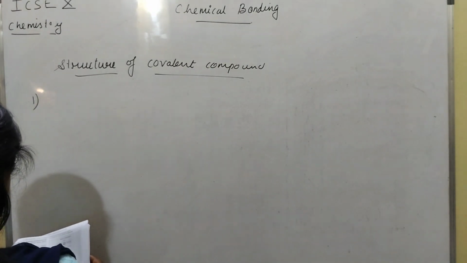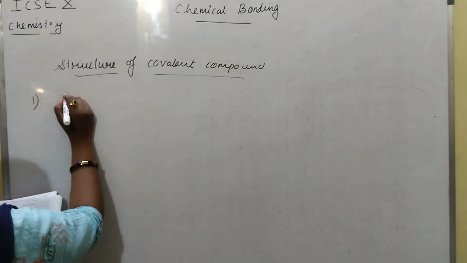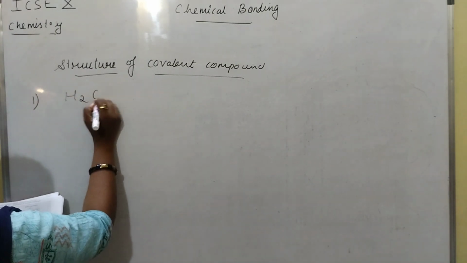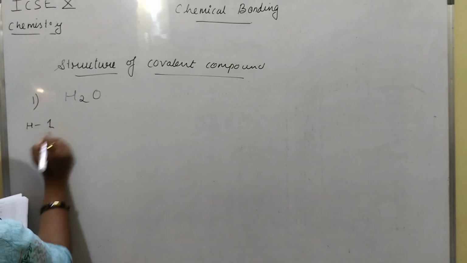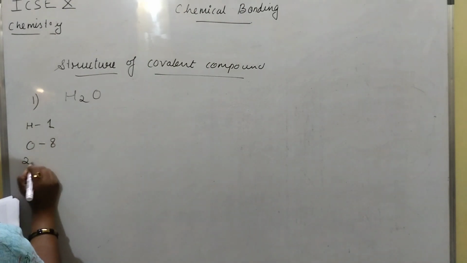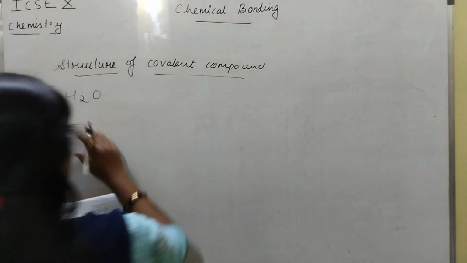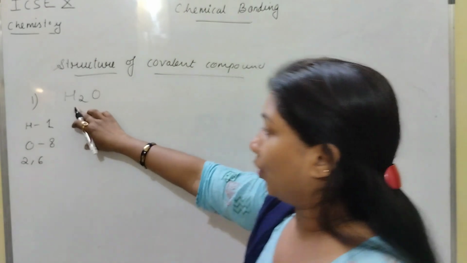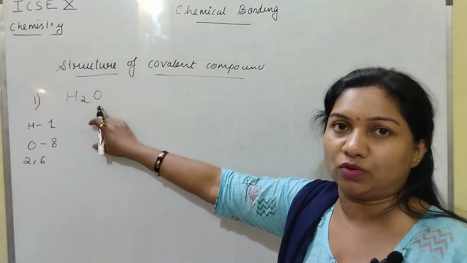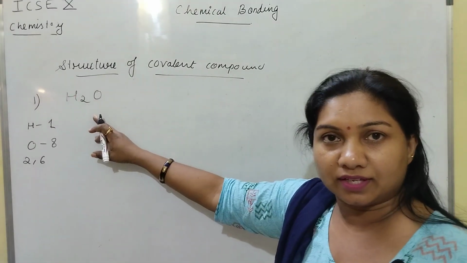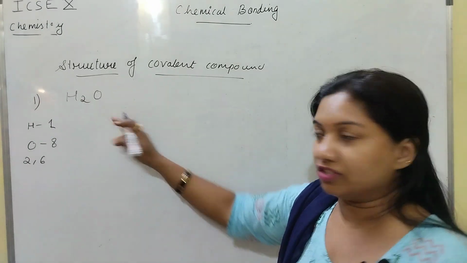Structure of water molecule. We all know its formula is H2O, hydrogen atomic number 1, oxygen 8, configuration 2,6. And here it is formed by the combination of 2 hydrogen atoms and 1 oxygen atom. Overall 3 atoms are there, 2 hydrogen and 1 oxygen.